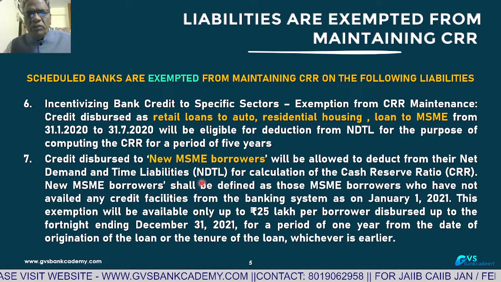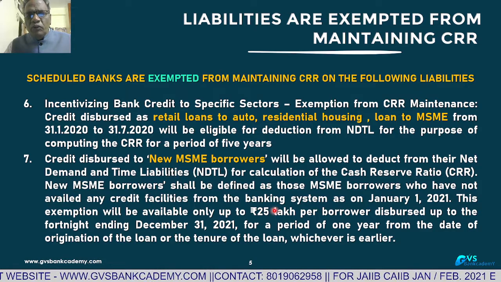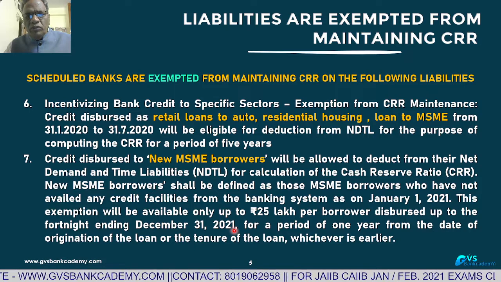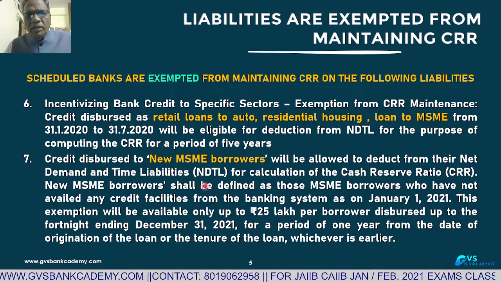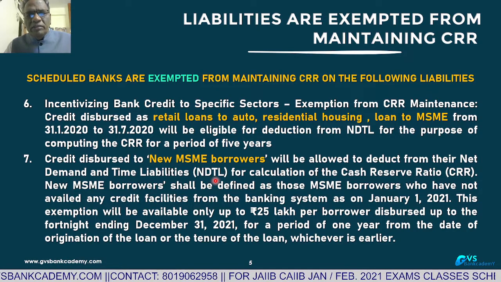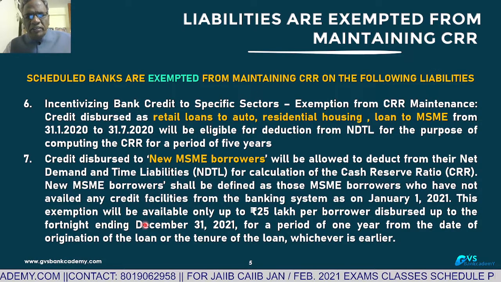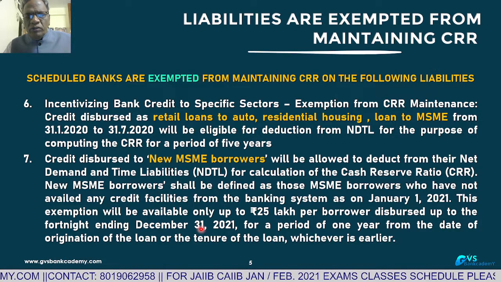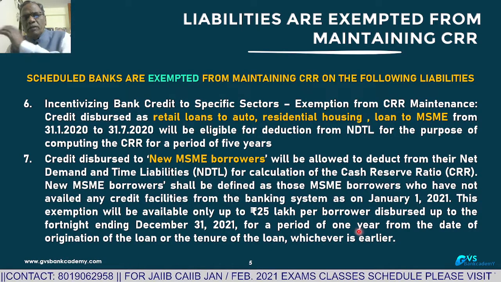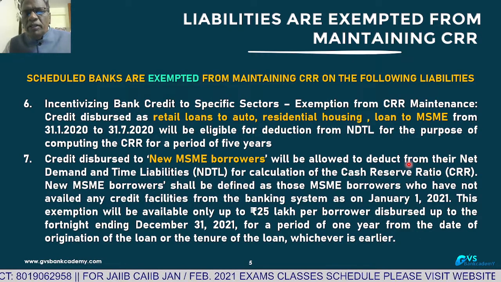So what is the benefit to the bank? Whatever loan is sanctioned up to 25 lakhs in this period is directly deducted from NDTL, and to that extent the bank's CRR comes down. The outstanding amount up to 1 year from the date of sanction is also deducted.